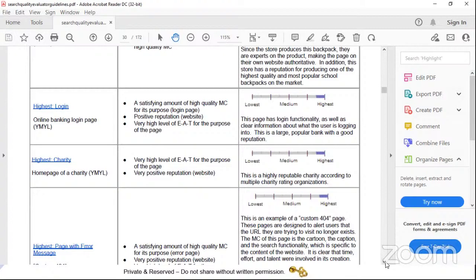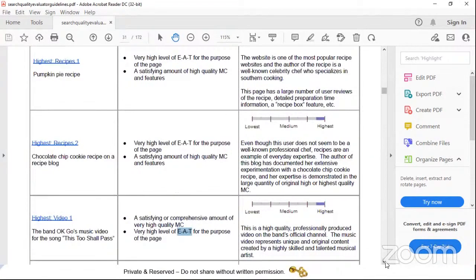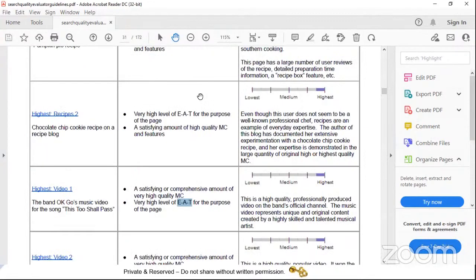Anything related to that also needs people who have good degrees in those fields and are in well reputed positions, known popularly. And then recipes also, you see.